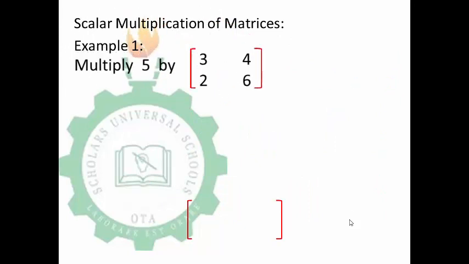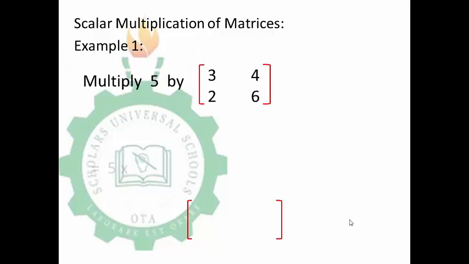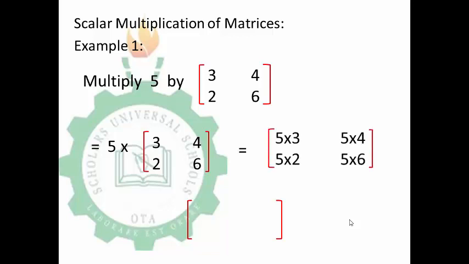So let us have an example again. This is the earlier example, and this is your answer, just like the one we did earlier. This shows another example, but in this case you are multiplying 5 by the matrix 3, 4, 2, 6.